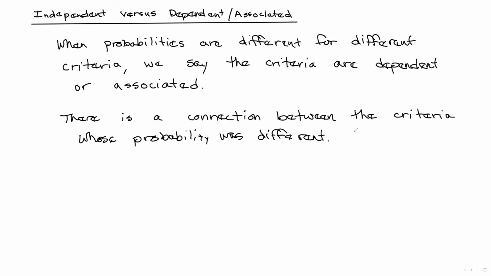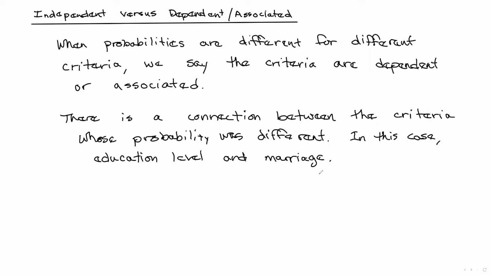So in this case, education level and marriage. So that may be a surprising result, that your education affects your chance of being married.